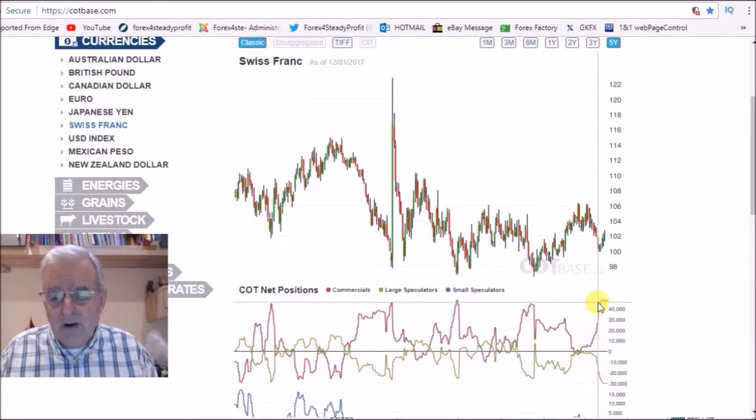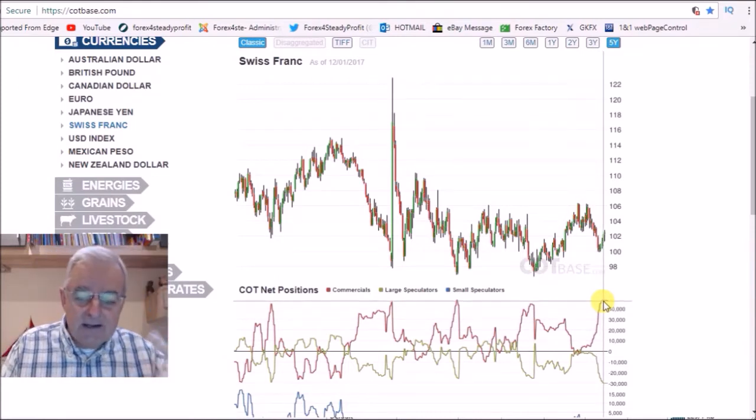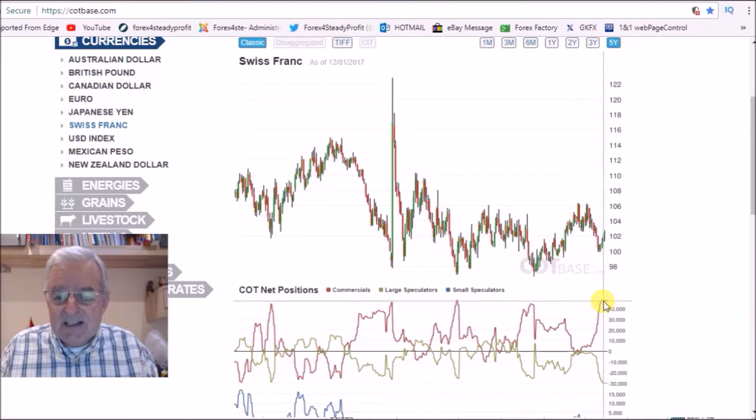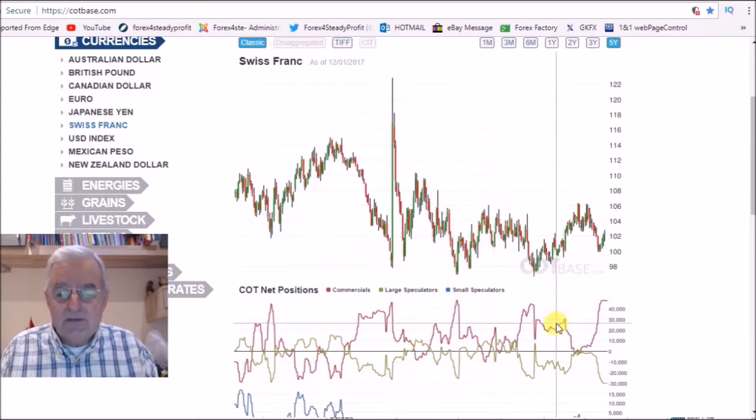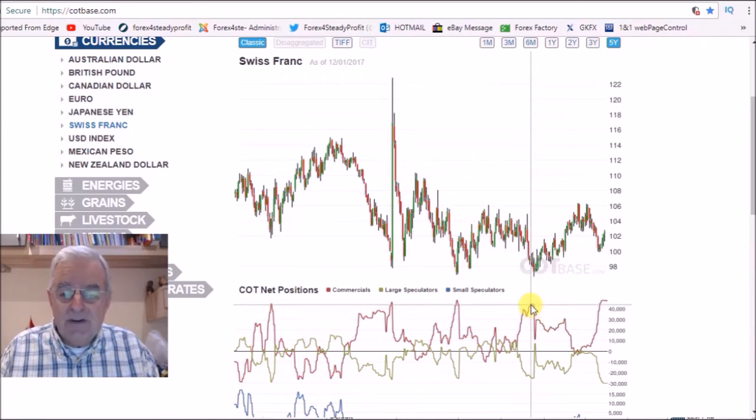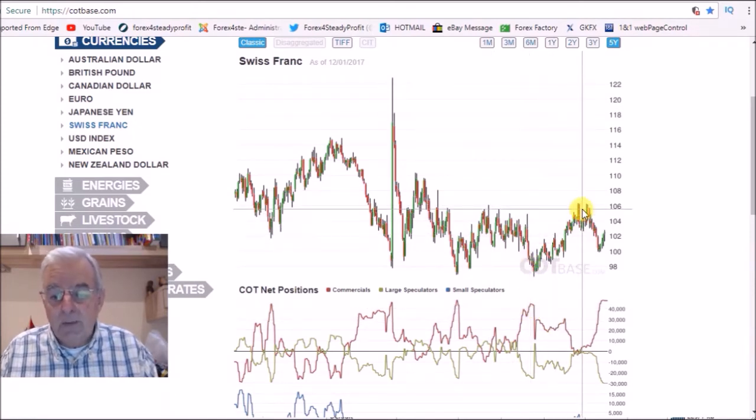And if you follow the commercials at the moment on the Swiss franc here, this is an extreme bullish position that we have. So if you go back and you have a look at past bullish positions, they've led to these nice moves up. And this one here, nice move up.